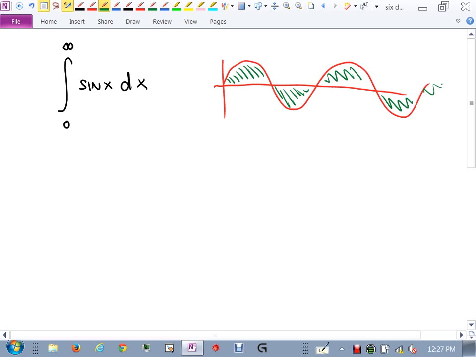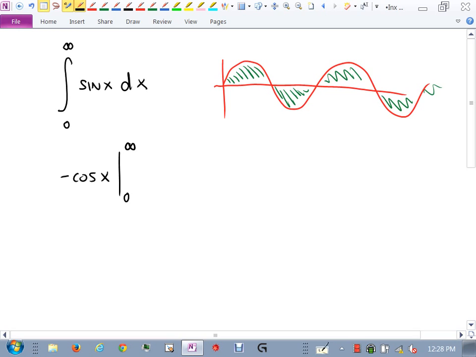Now, if you actually do the computation, the antiderivative of sine is negative cosine, right? From 0 to infinity. And when you try and plug infinity into cosine, if you were in a Cal 1 class, this was actually one of my problems on my test: what's the limit as x goes to infinity of cosine x? The correct answer is this limit does not exist.